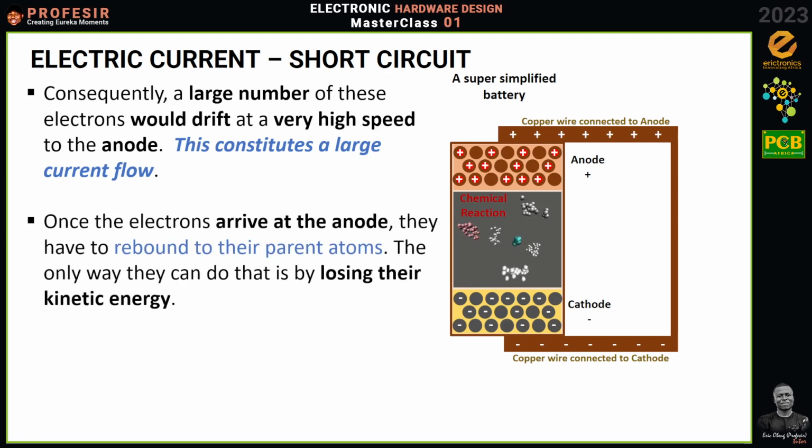Is that okay? Now, when this current arrives at the anode, the electrons will rebound to their parent atoms. When they rebound, remember they were traveling at a very high kinetic energy, right? So if they rebound, that energy has to be given up.